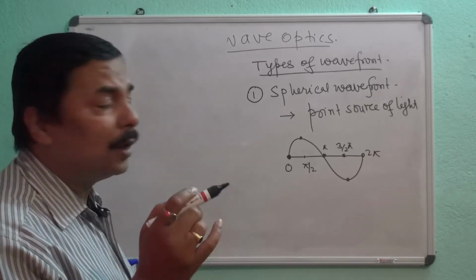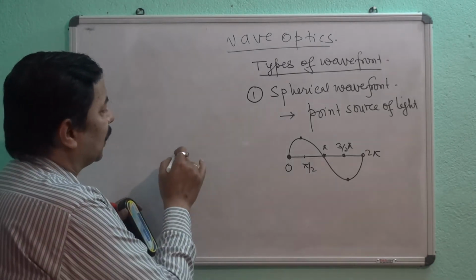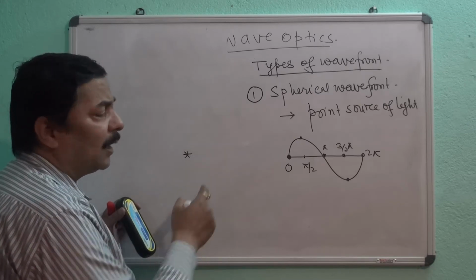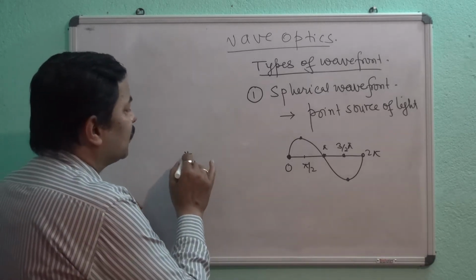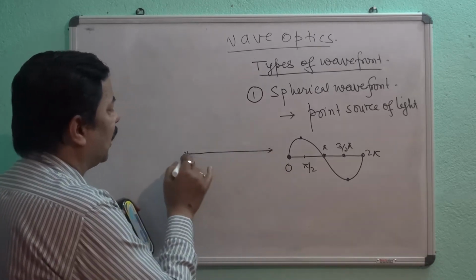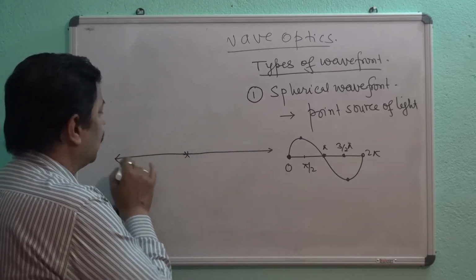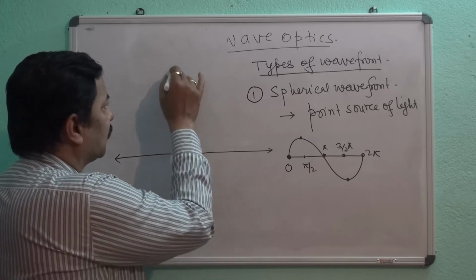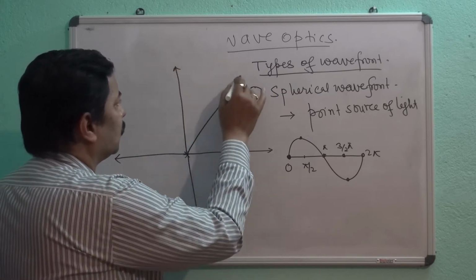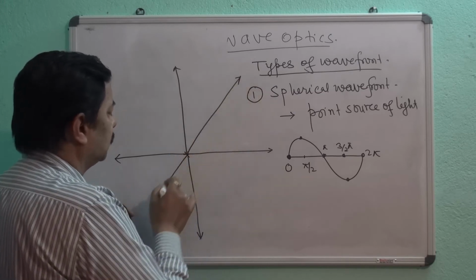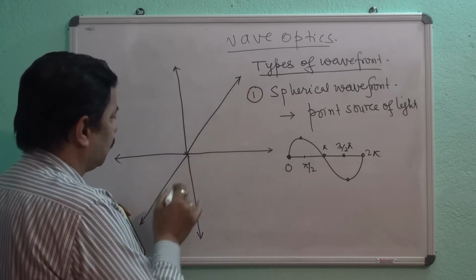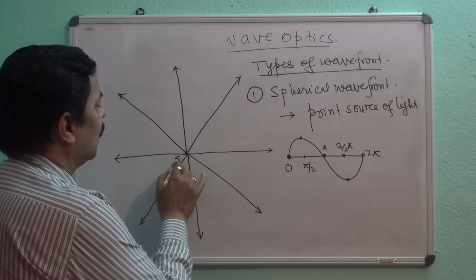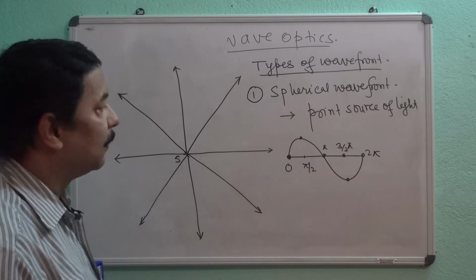Now suppose here is the source of light and a similar wave is generated. The arrow gives the direction of the ray. Energy is moving in this outward direction. Here is the source, and this source is generating waves.